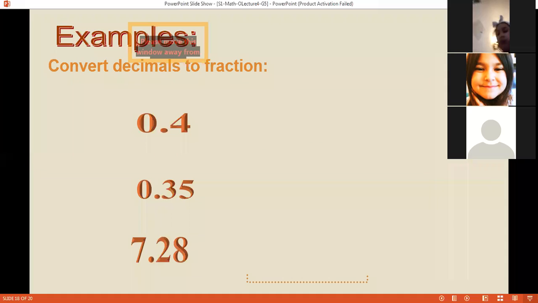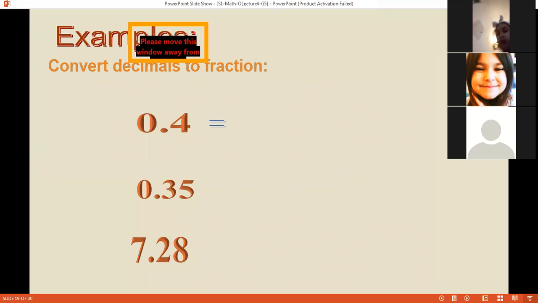Now, let us try writing decimals as fractions. If I want to read this in word form, how do I read it? 4 tenths.